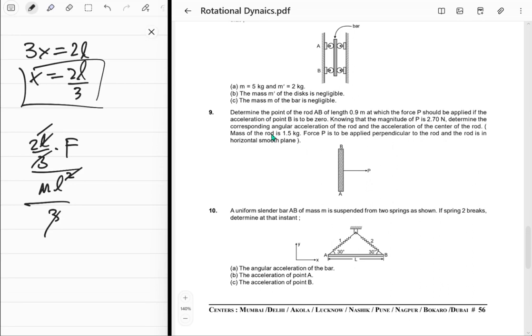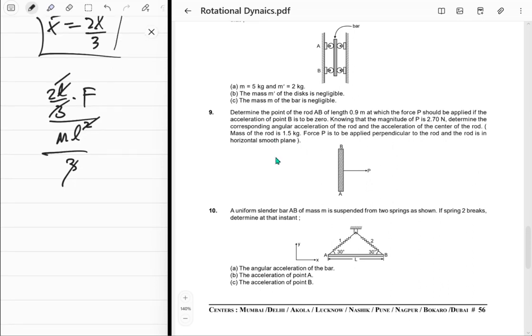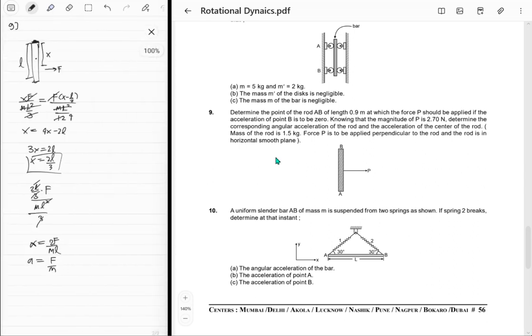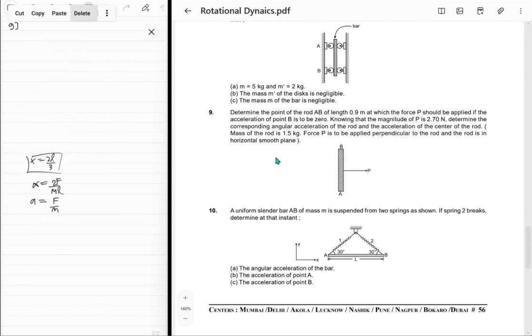So the angular acceleration we know, it would just be 2F upon ML. The acceleration of the center of mass is F upon M, as expected. And now we know what x is, and that's why this works out. Okay, cool. Let's submit this as an answer.